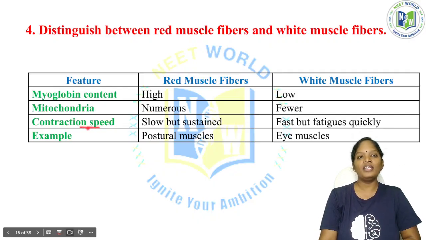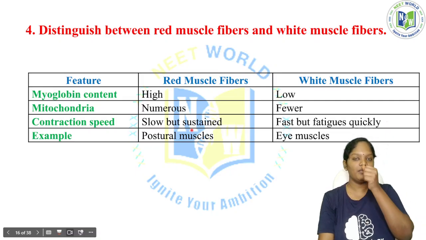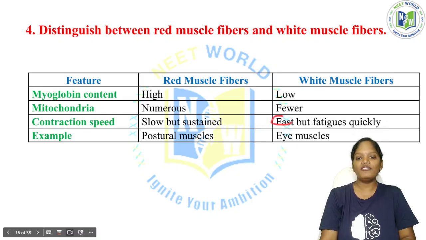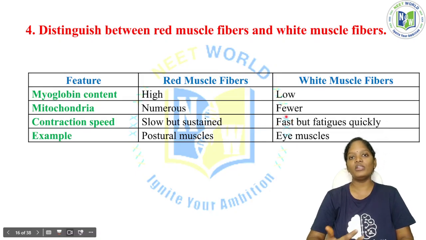Okay, the contraction speed will be slow but sustained in the red muscle fibers. It will be slow and steady in case of red muscle fibers. In white muscle fibers, the contraction is very fast, so it will make use of all the oxygen and energy instantly, and it will fatigue very quickly. The muscle will undergo fatigue very quickly.